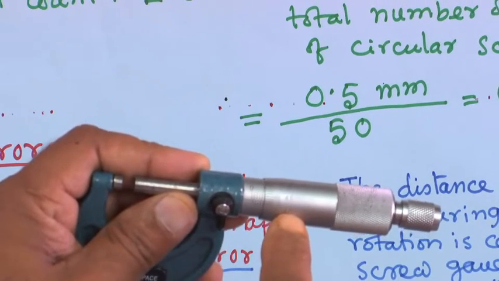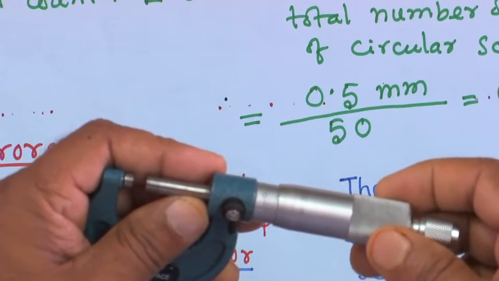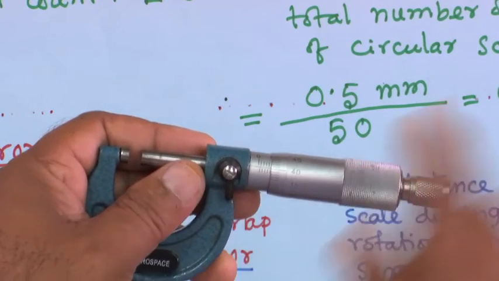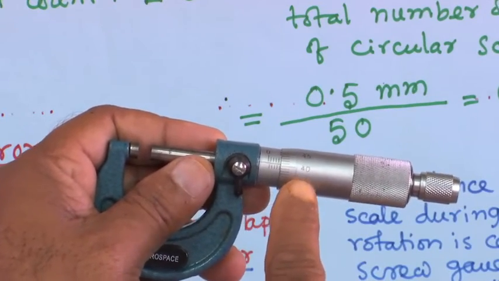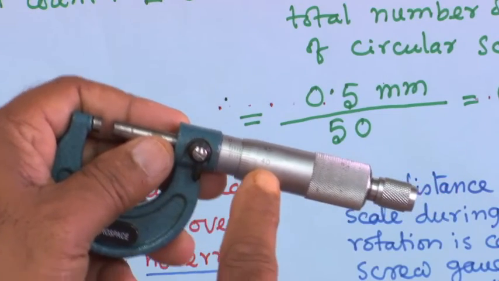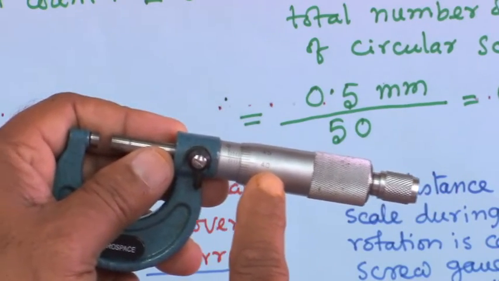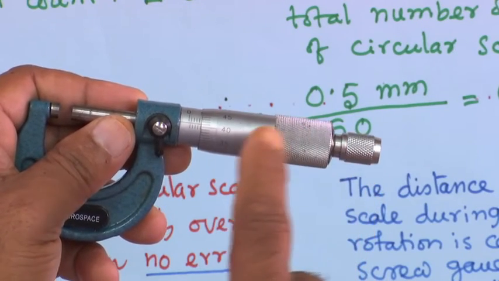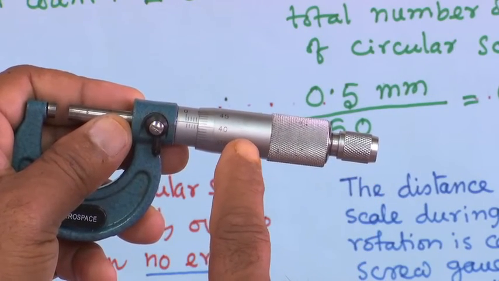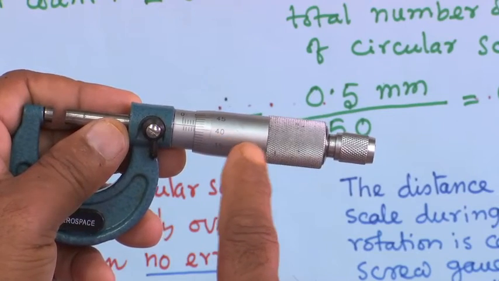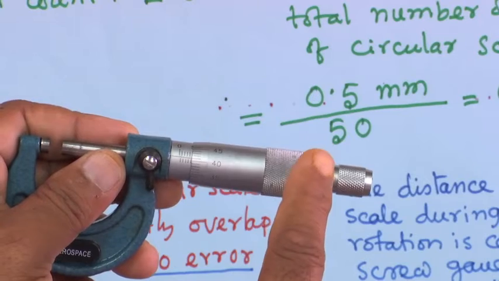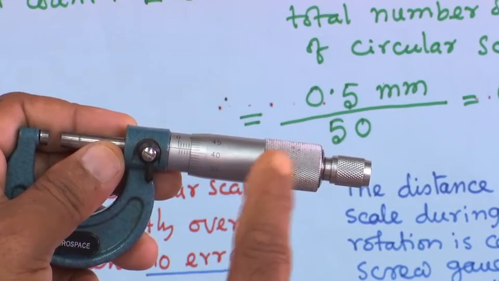So, here that division, in this case, is 40. Okay. So, 40 is the circular scale reading, and the least count is 0.001. So, that will be 0.040.